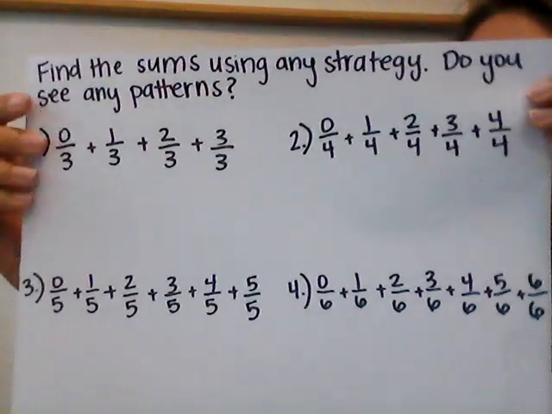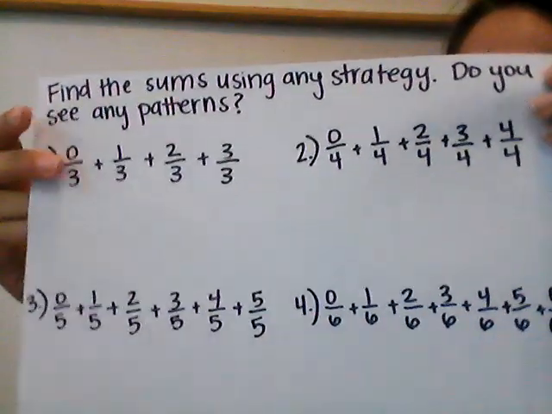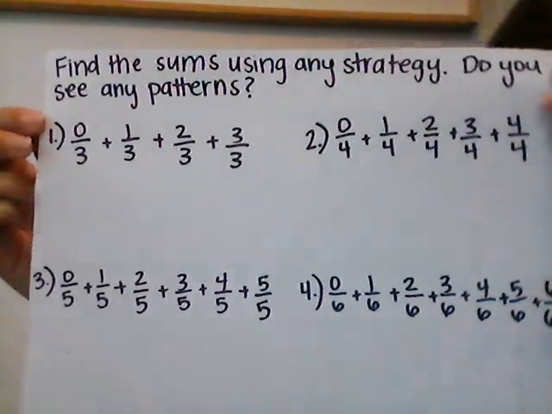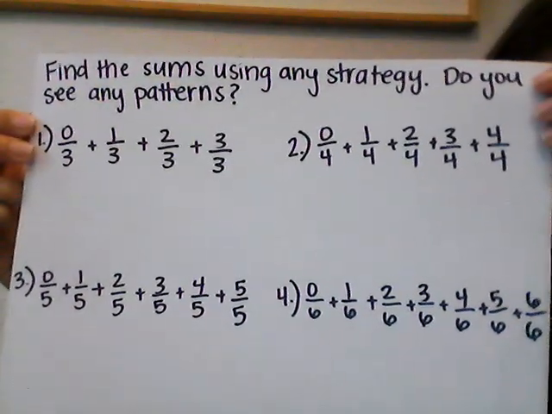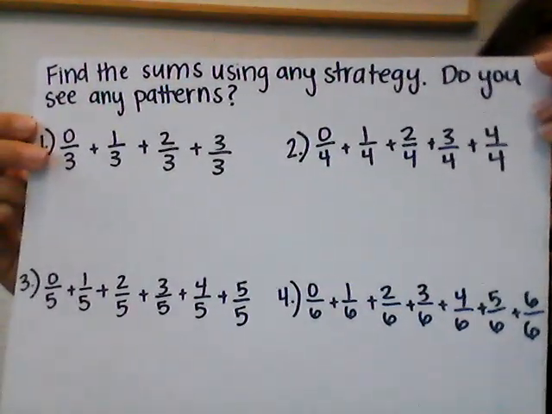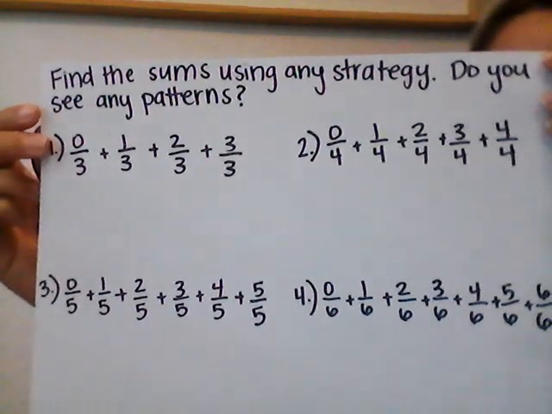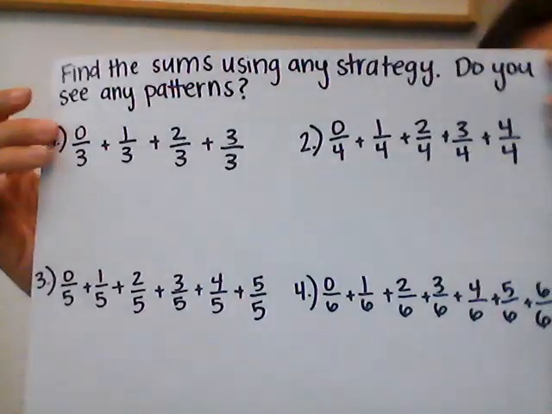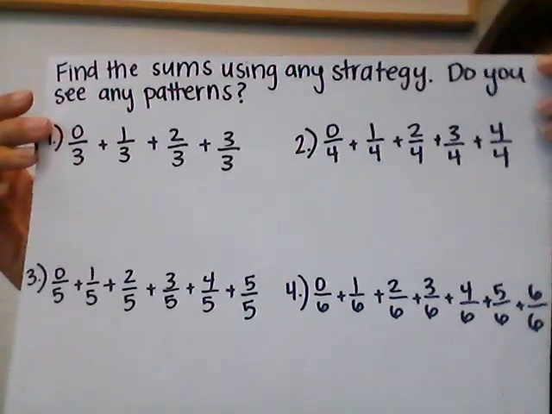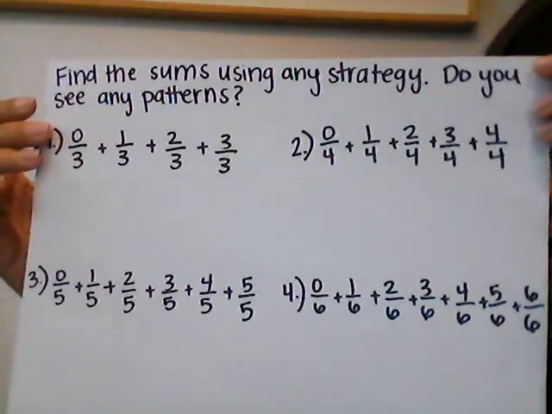And then lastly, you are going to describe any patterns that you see. Okay? Our goal today is to explore and inquire into what patterns we can find when adding fractions from 0 to 1 whole. So once you solve, what patterns do you see?